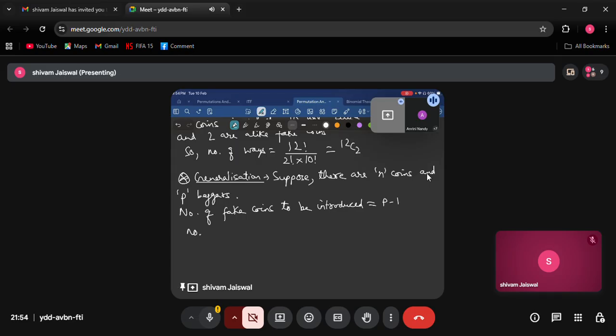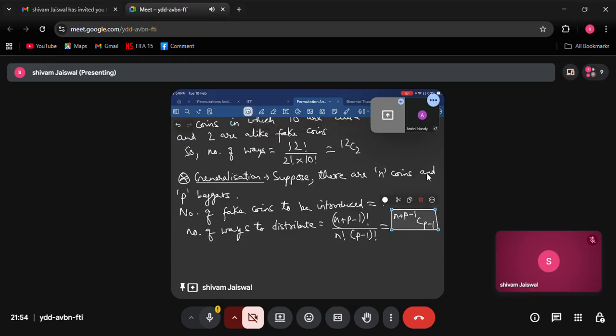So number of ways to distribute will be equal to n plus p minus 1 whole factorial upon n factorial into p minus 1 whole factorial, which is equal to n plus p minus 1 C p minus 1. Is it clear to everyone? n plus p minus 1 C p minus 1.